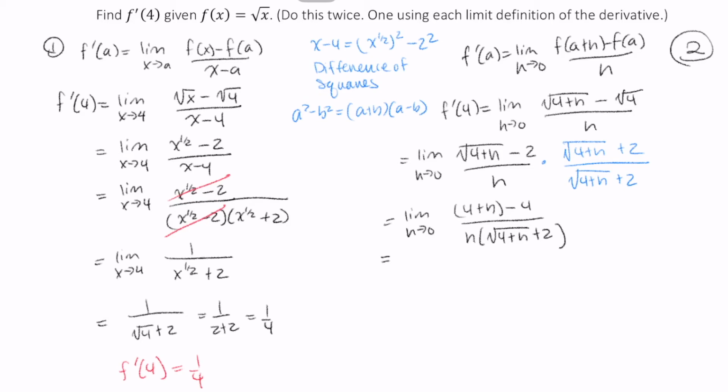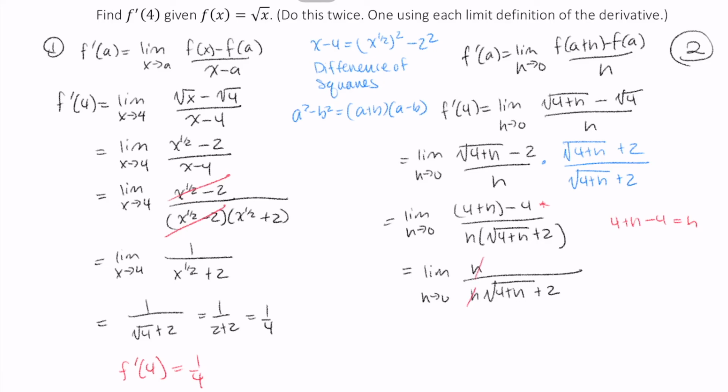So this is the limit as h approaches 0. And let's talk about what's going on in the numerator really quickly. We have 4 plus h minus 4. That's just h. So in my numerator, I have h. And in my denominator, I have h times the square root of 4 plus h plus 2.